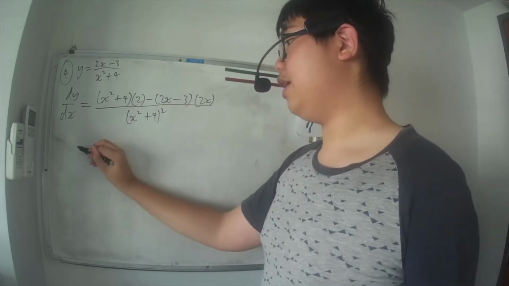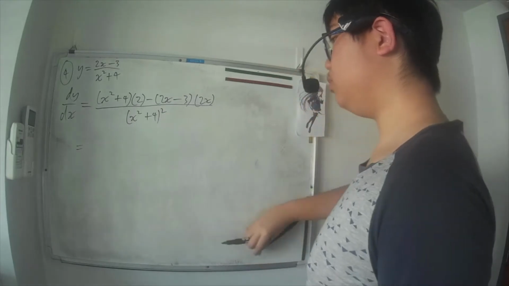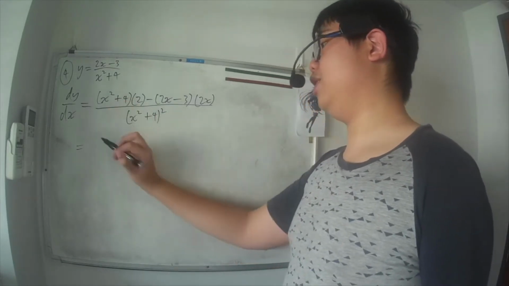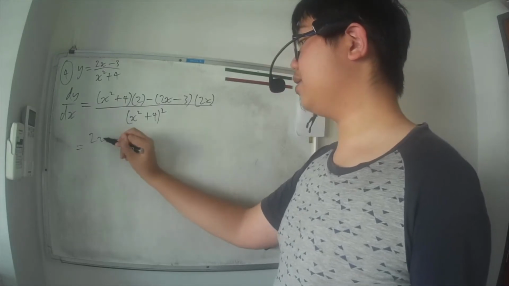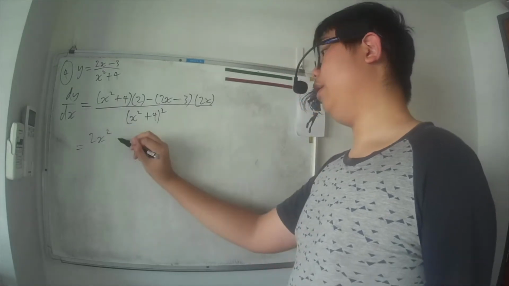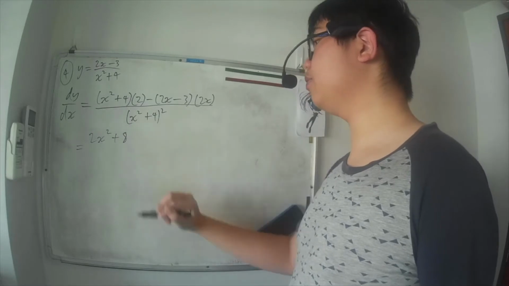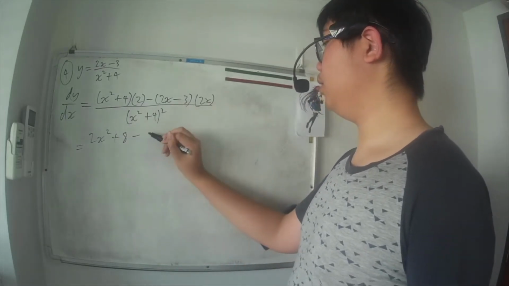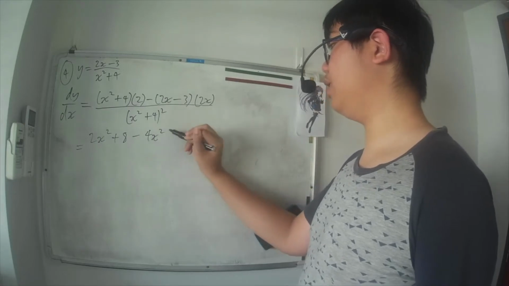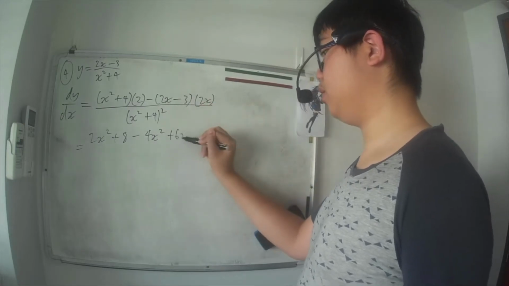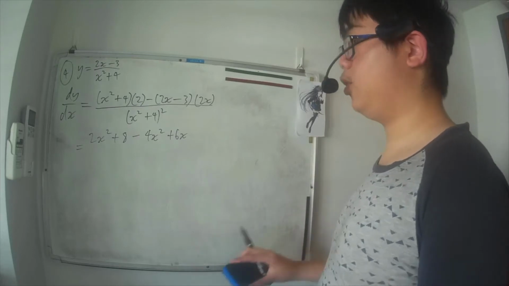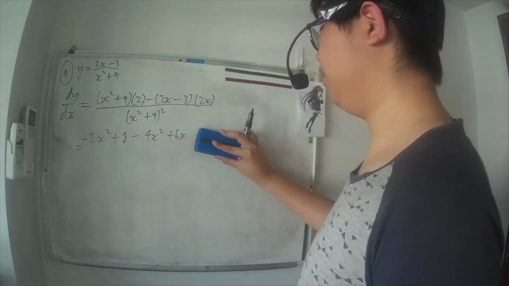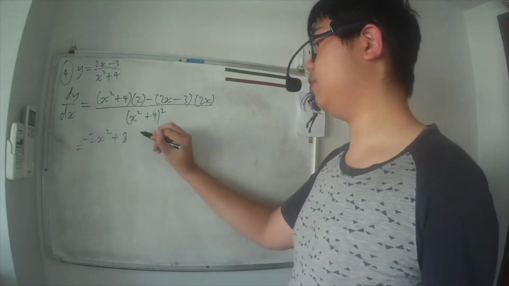Okay, and this is equal to, let's expand, 2x squared plus 8, then minus 4x squared, then this is plus 6x. Okay, so let's put it all together. This is minus 2x squared now, and then this is plus 6x.